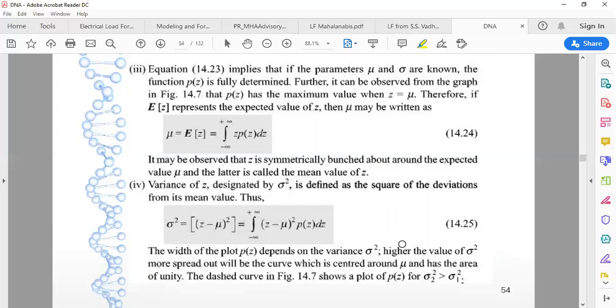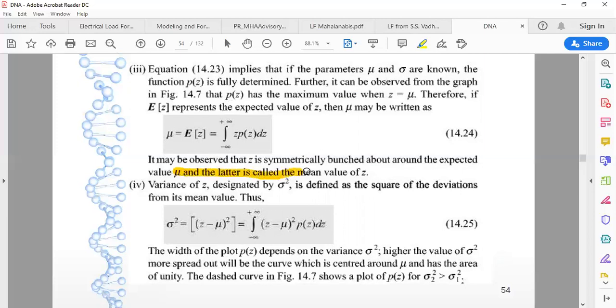So the expected value should most probably be taken as the mean value, where the frequency of occurrence is maximum on that curve. And that expected value is represented by the integration from minus infinity to plus infinity of z times p(z) dz. So it may be observed that Z is symmetrically bunched around the expected value mu, which is later known as the mean value of Z. So what is mu?